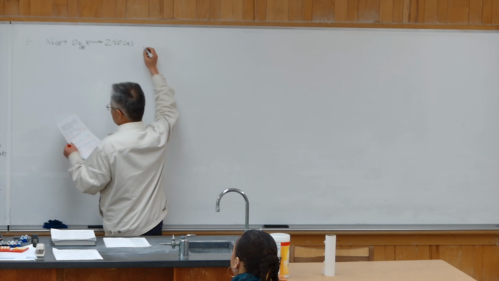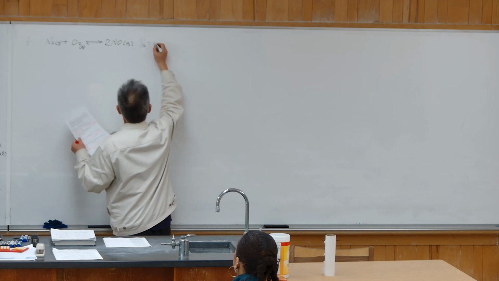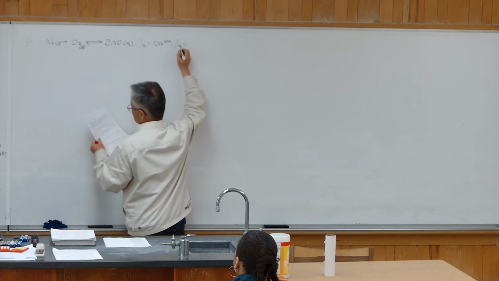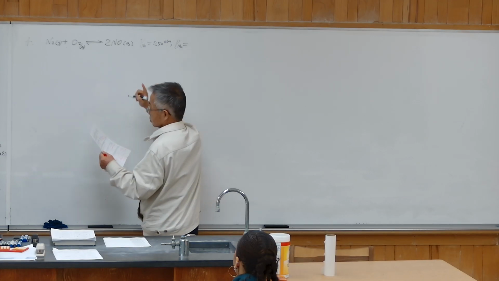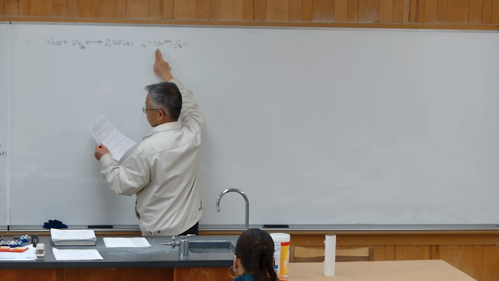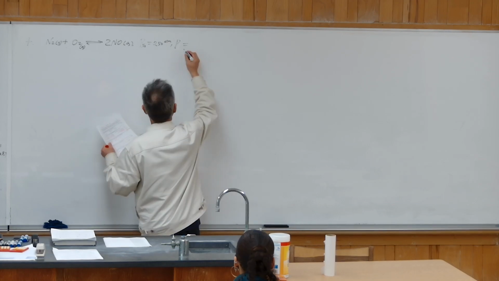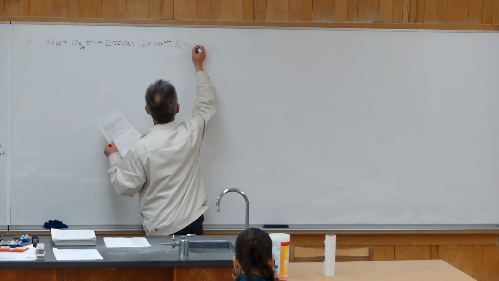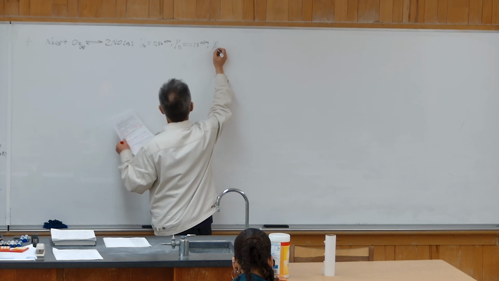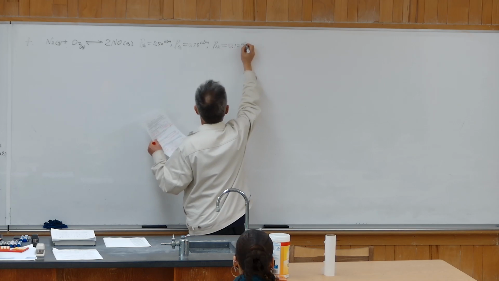So they tell you the partial pressure of N2 is 0.5 atm, O2 is 0.73, and NO is 0.12 atm.